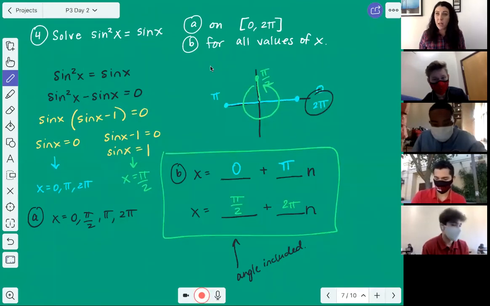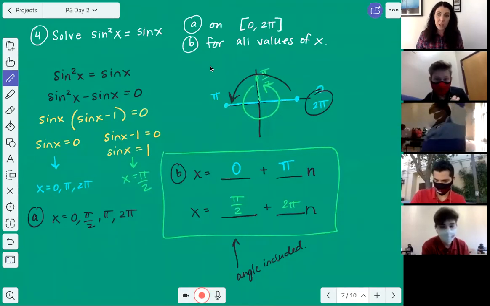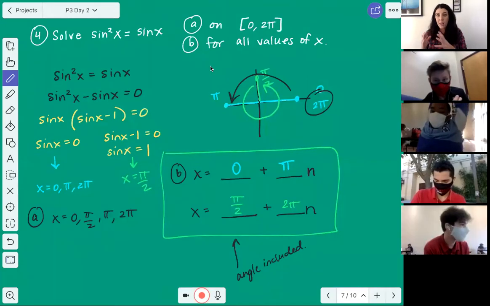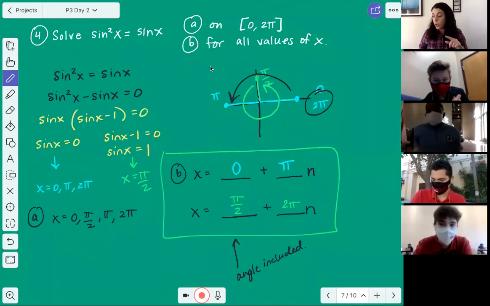That's another one of those answers. If I put in an n equals 3, now I'm at 3 pi. I'm back to another one of my solutions. So that n is saying I multiply it by some angle times n, and I'll hit every single coterminal angle to that angle I'm trying to find, or that solves my equation.